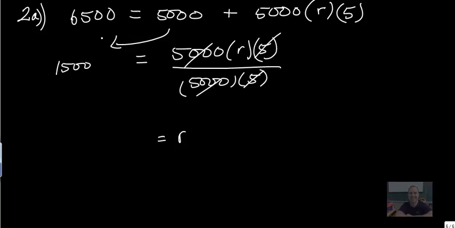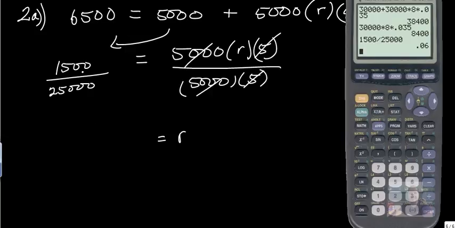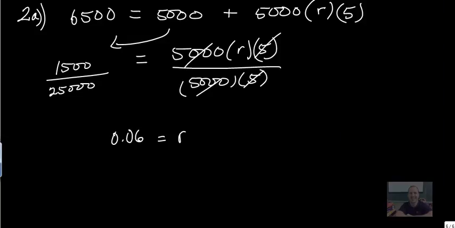I have R equals 1,500 divided by 25,000. So the decimal is 0.06, which is 6%.